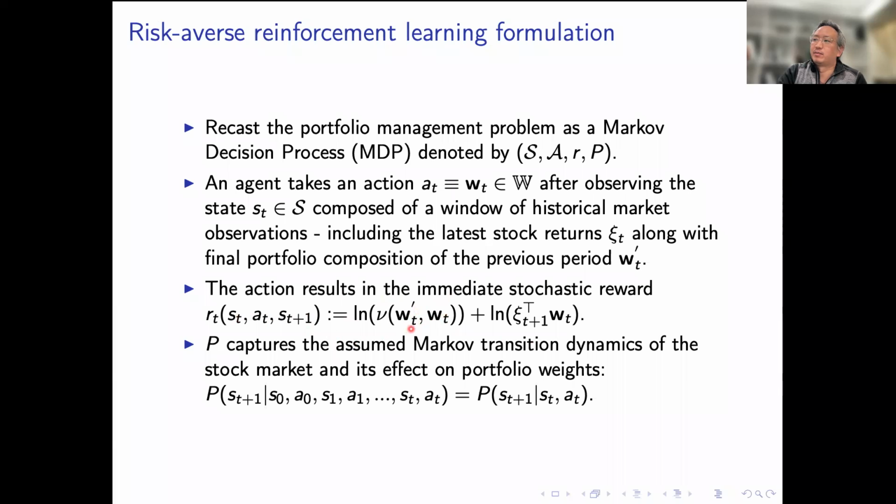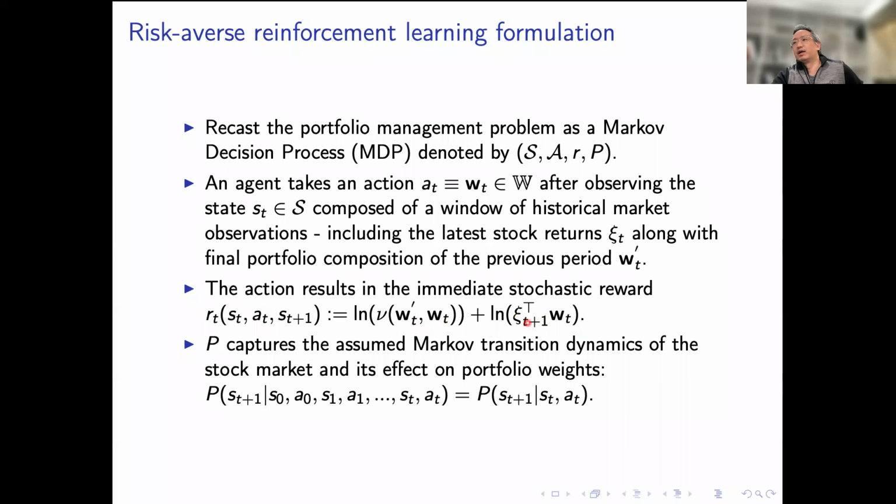That previous portfolio composition is included in the previous state vector, and this decision is our current action, and based on the decision we include the transaction cost, and then this is the rate of return.